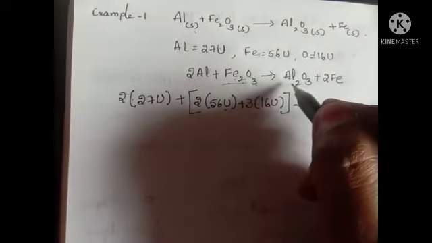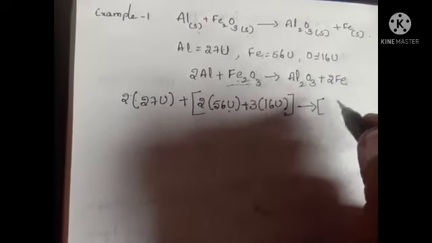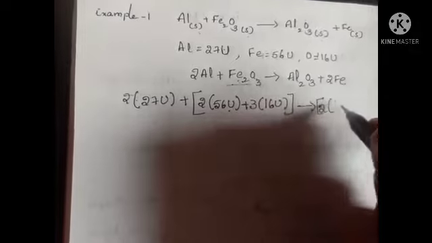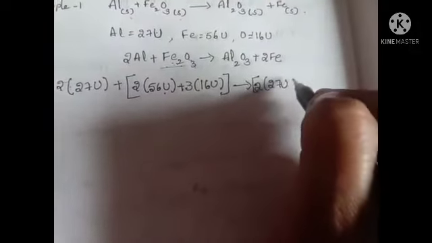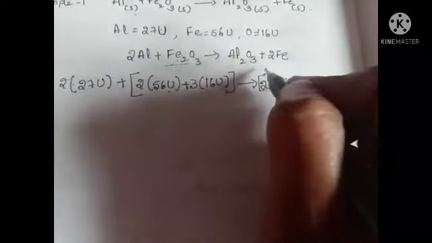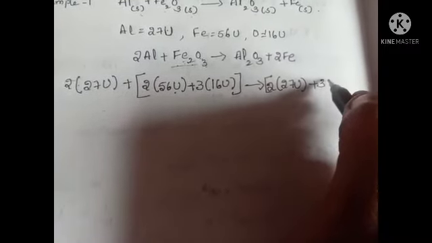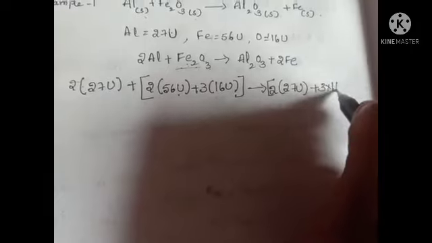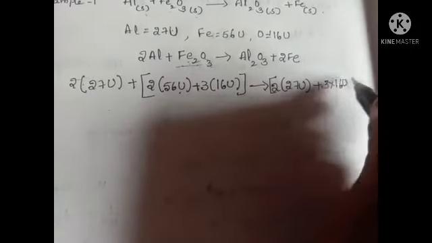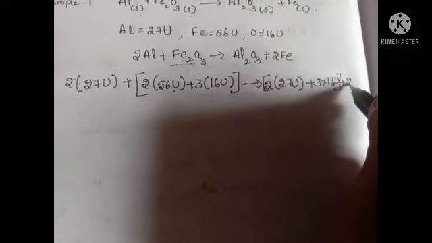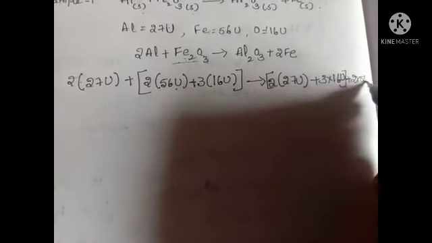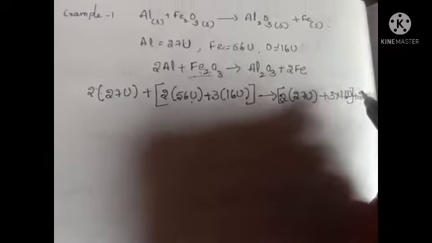Next, aluminium also 2 moles: 2 times aluminium value 27 unified mass plus 3 times oxygen 16 unified mass, plus 2 times ferrous, 2 into 56 unified mass.